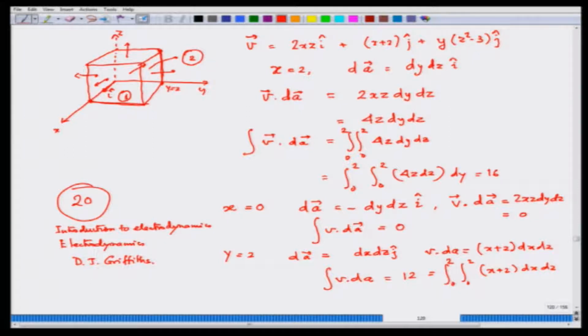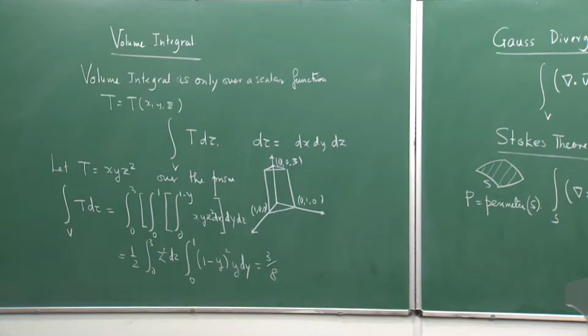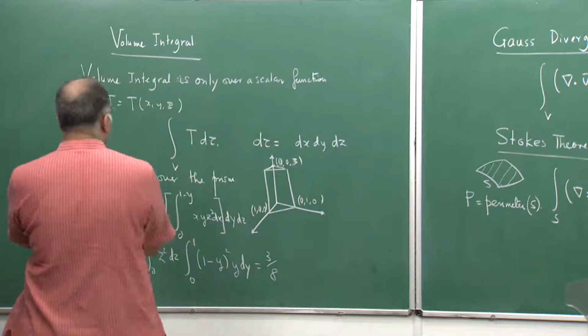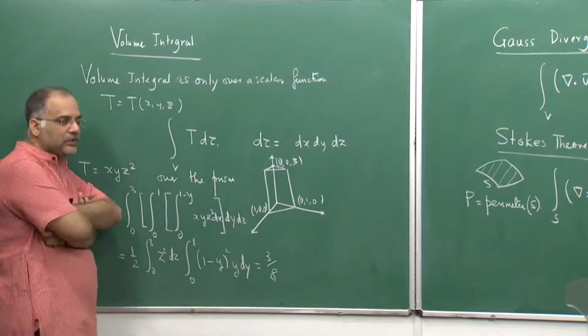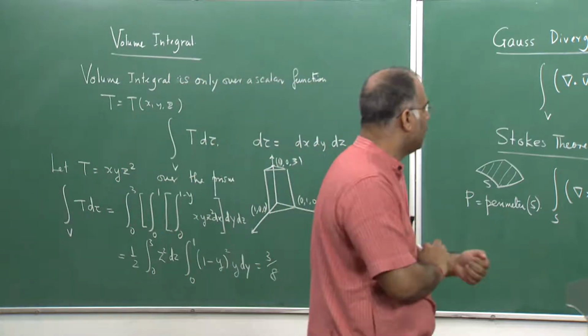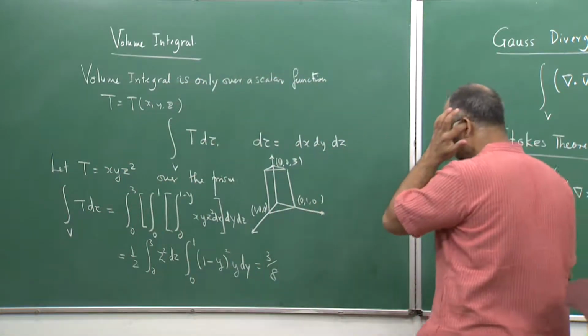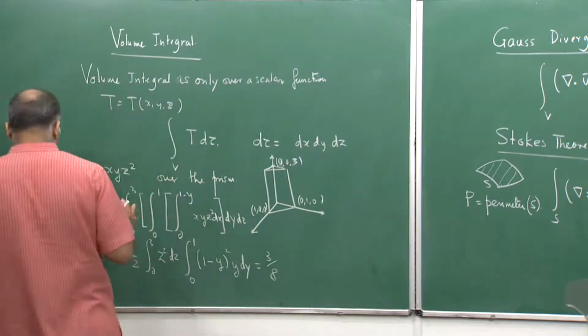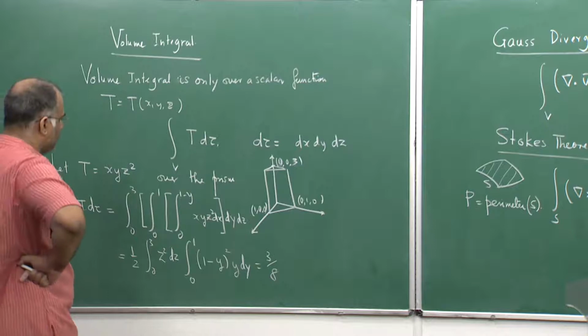I took another example from Griffiths to explain how things occur for volume integrals. What is a volume integral? In volume integrals, we usually only take volume integrals for scalar functions. We do not usually talk about volume integrals for vector functions, but you can do it, and then you have to work separately on the scalar parts.